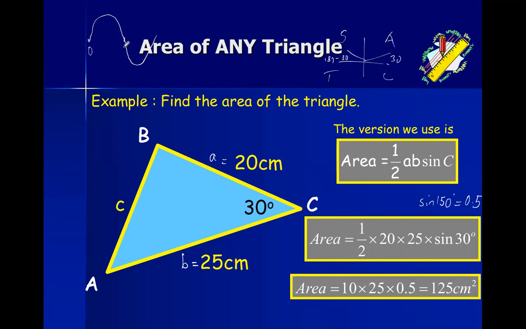So you had 0, 180. So at 30 degrees, we've got a half, but at 150, we've got a half as well. So they might tell you sine 150 is 0.5. Calculate this. Use CAST, draw your sine, and figure it out.